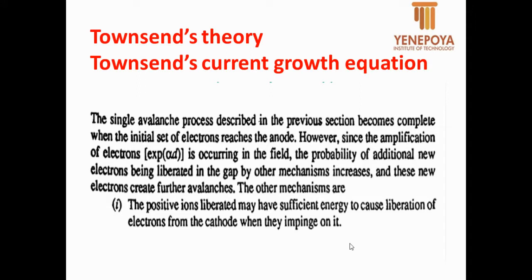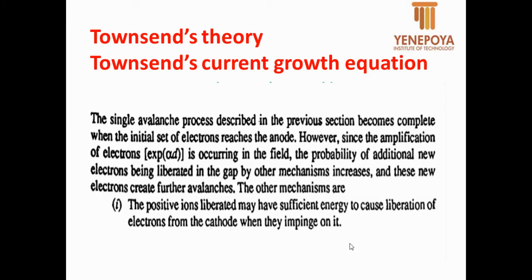The Townsend current growth equation. The single avalanche process is described in the previous section. It becomes complete when the initial set of electrons reaches the anode, traveling from the cathode to the anode.